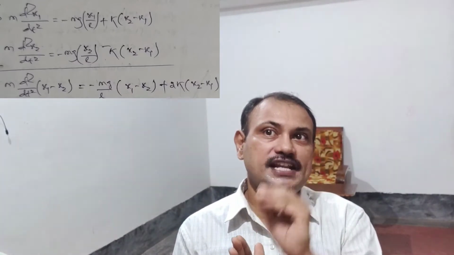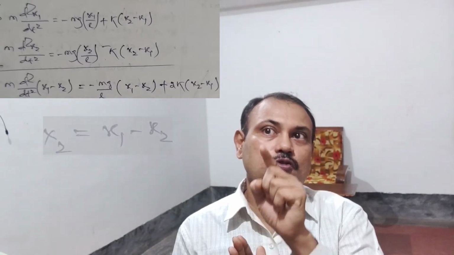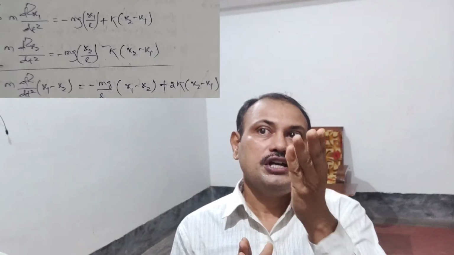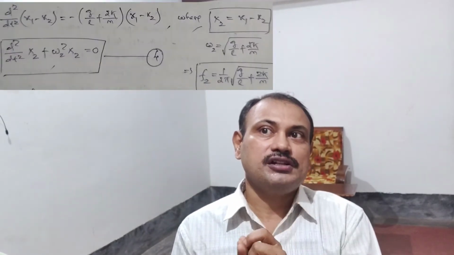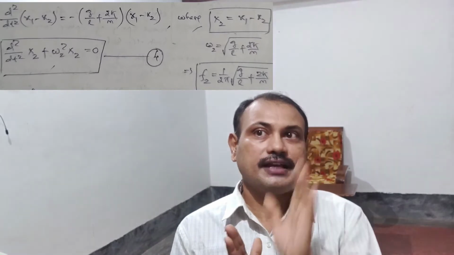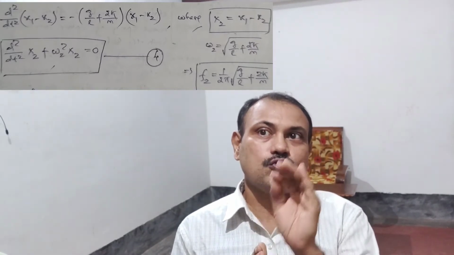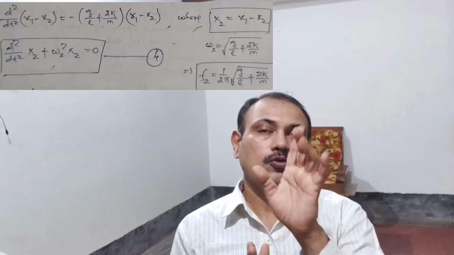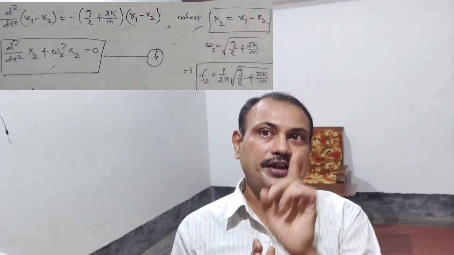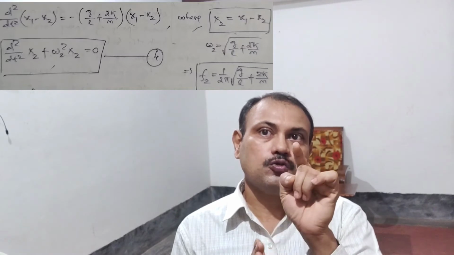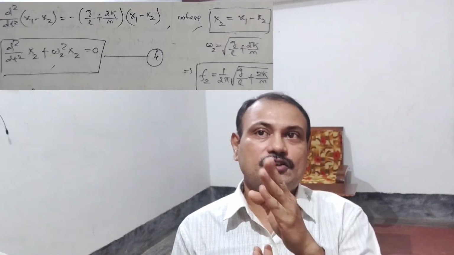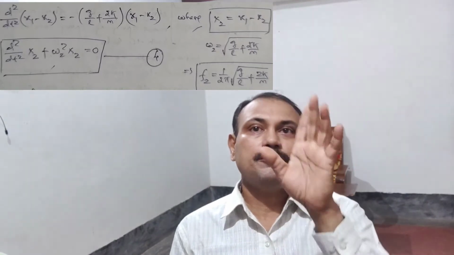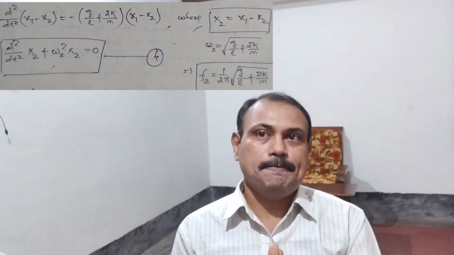Now here again, if you select capital X2 equal to small x1 minus small x2, then we can rewrite the equation as d square by dt square of capital X2 plus omega 2 square capital X2 equal to 0, where omega 2 must be written as square root of g by L plus 2k by L, and the corresponding frequency f2 must be equal to 1 by 2 pi square root of g by L plus 2k by L.